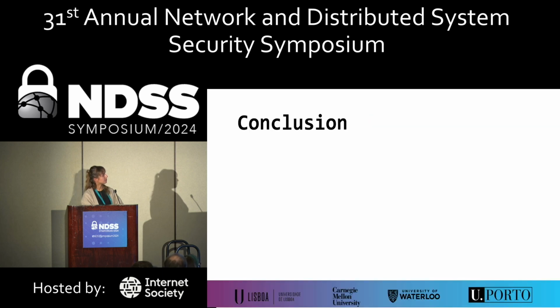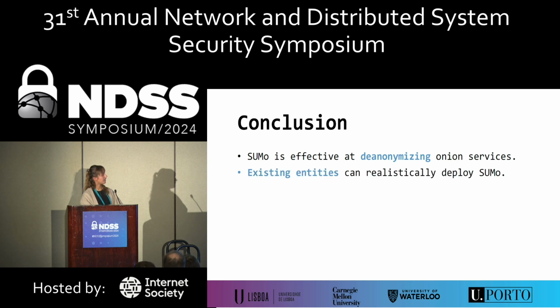So to conclude, we observe that SUMo is effective and fast at de-anonymizing onion services, and also that existing entities can realistically deploy an attack like SUMo.